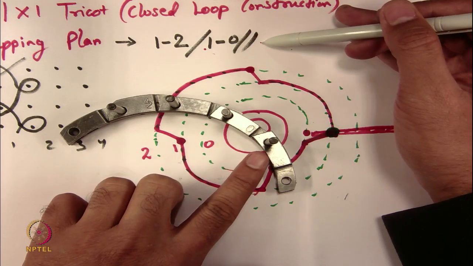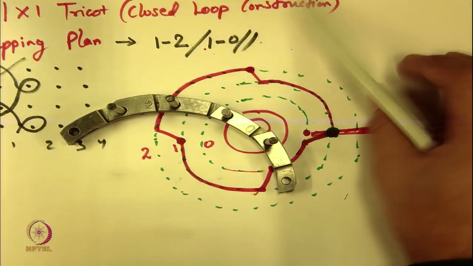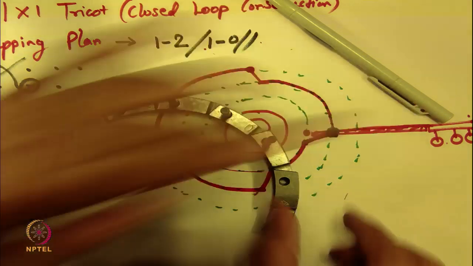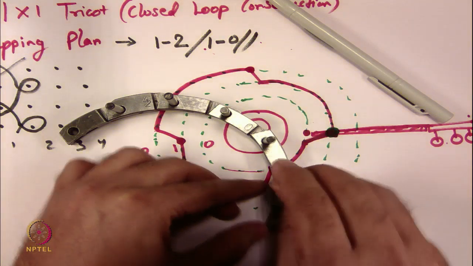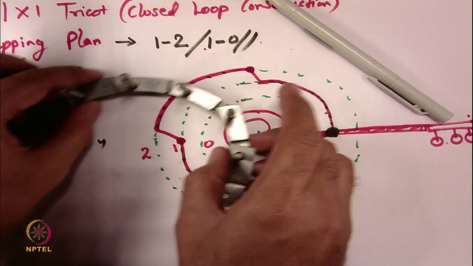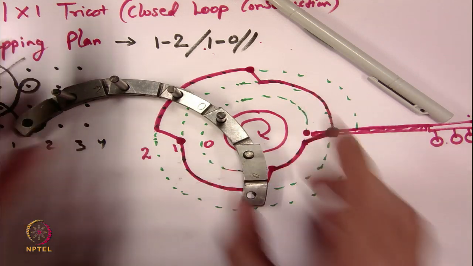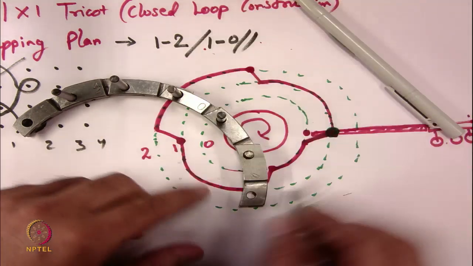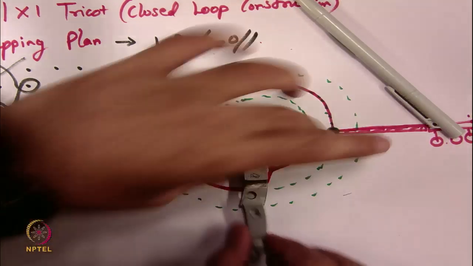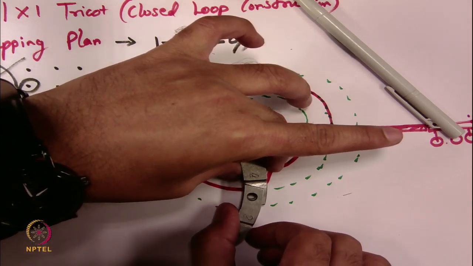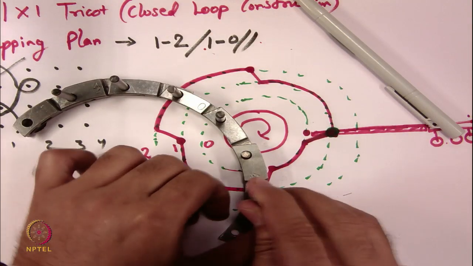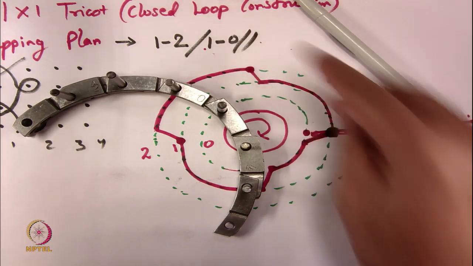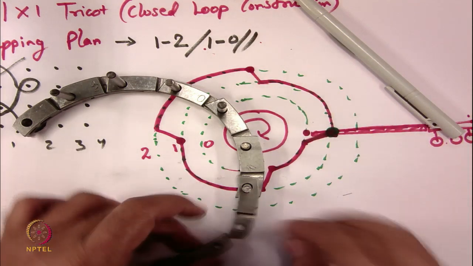Then again from here 1, and then I can place 2, okay, and then after 2 there must be 1, and then after 1 there must be 0.